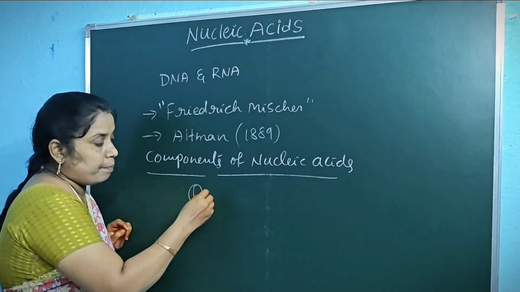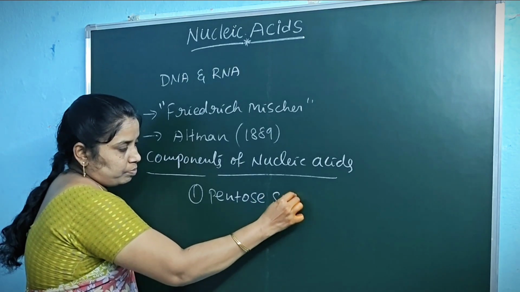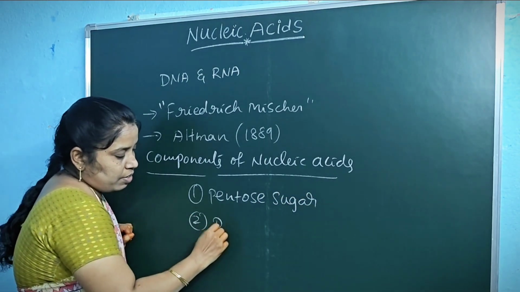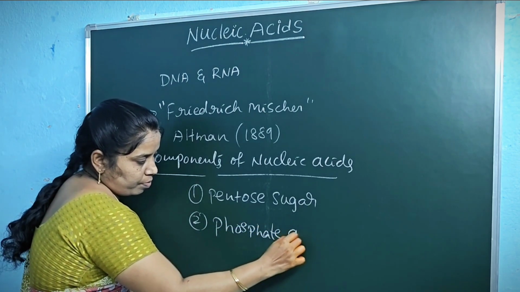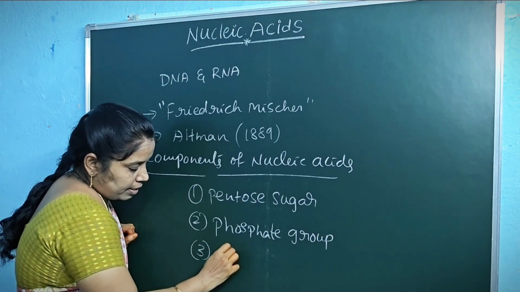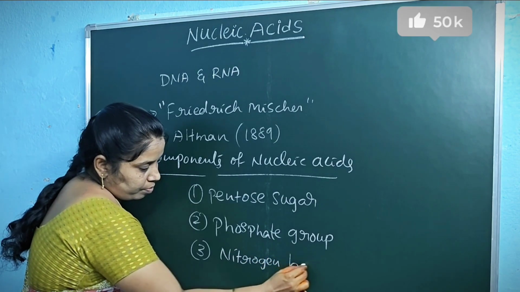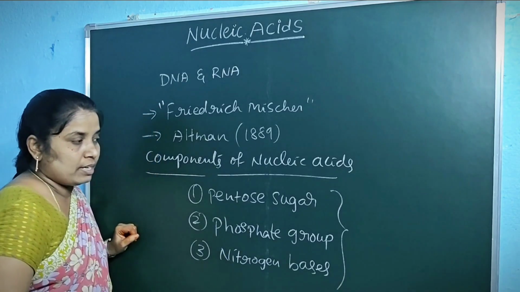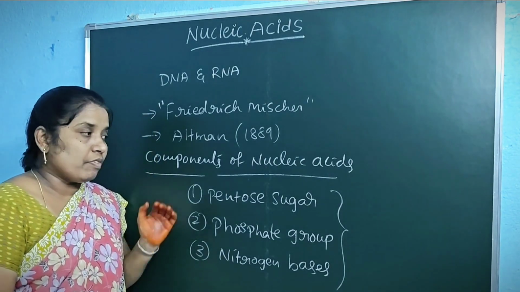They are the pentose sugar, the second one is the phosphate group, and the third one is the nitrogen bases. So these are the three components that are common for DNA and RNA. Let's see them one by one.